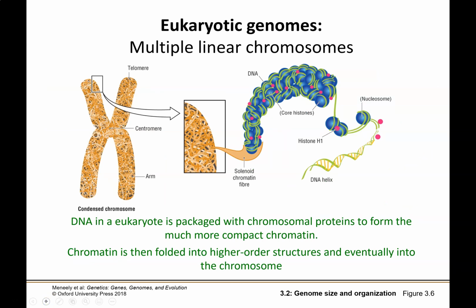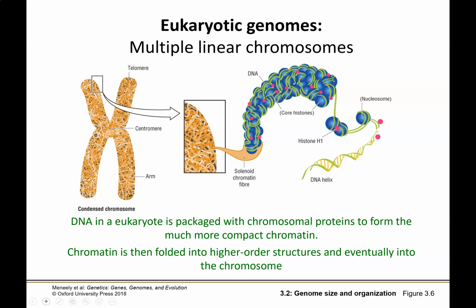So moving on to our eukaryotes, or generally multicellular organisms, eukaryotes tend to have more complex genomes. They are often made up of multiple chromosomes, and they are always linear. So eukaryotic DNA is packaged into a chromosome structure.